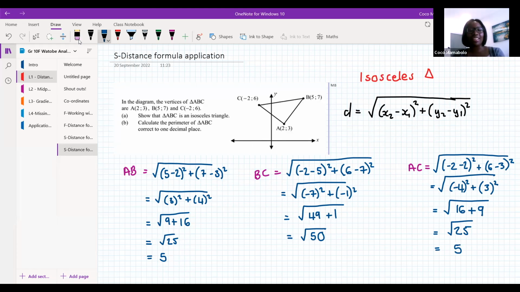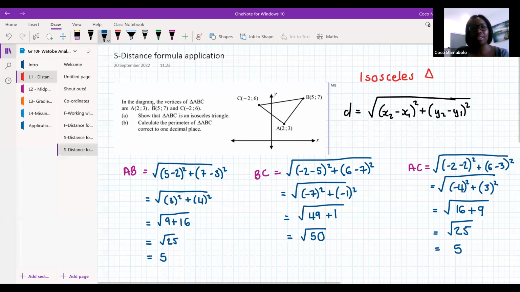All right, guys, have we proven from this that this is an isosceles triangle? Yes or no? Good.